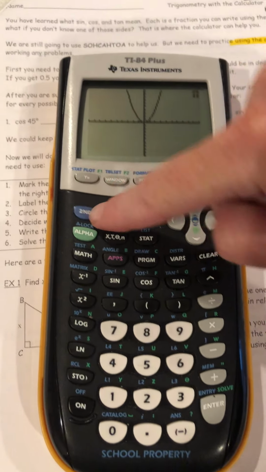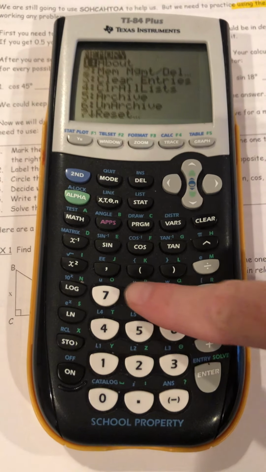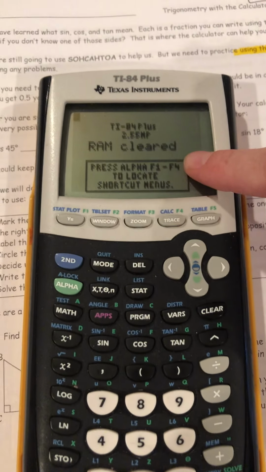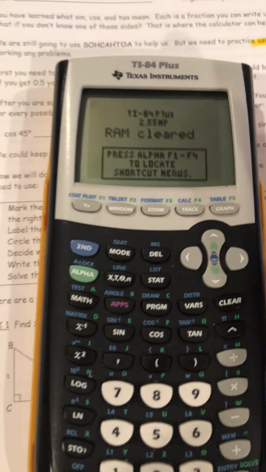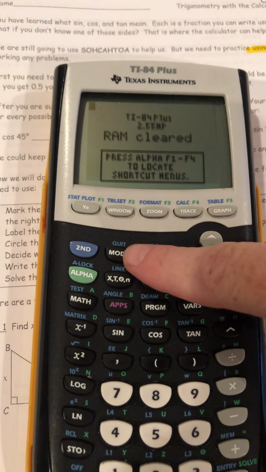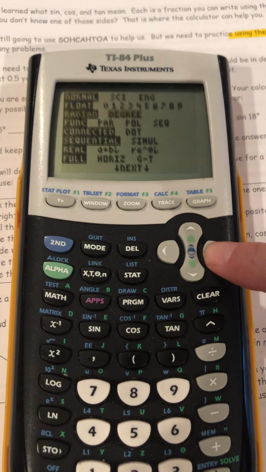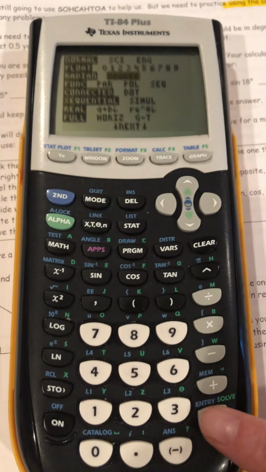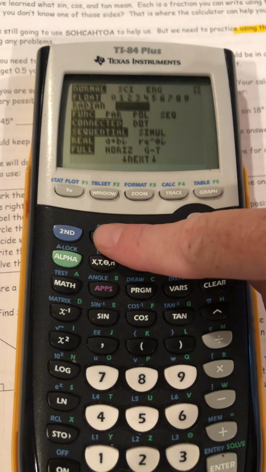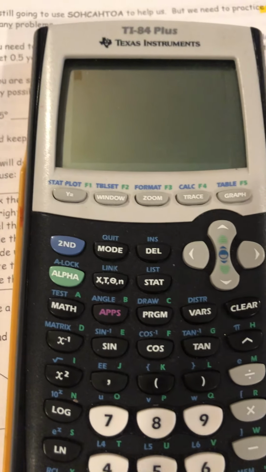But if you don't know this, what this does is put it back to factory settings. So we hit second, and then this plus sign, and then 712. It clears the RAM, but it changes the mode away from what we want. So we hit mode. We use the arrow key down to where it says degree, and we hit enter. Second quit, and now it's ready to go.